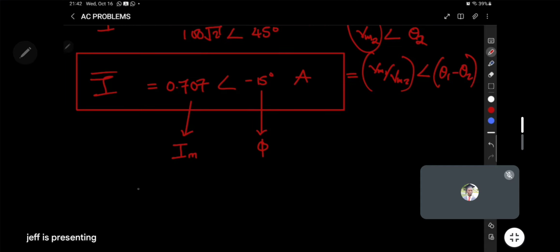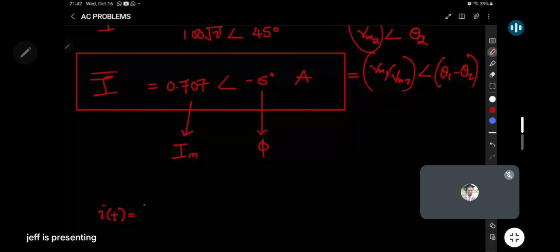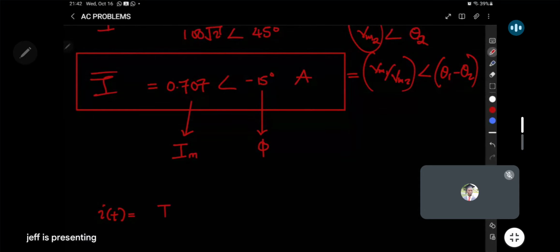So in a sinusoidal waveform, if it is a current we are dealing with, we know to say this is going to be the peak current. It's still cosine, not sine. Cosine here, the angular frequency plus the phase shift.